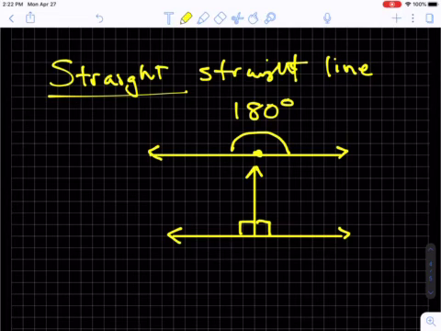So you've got this and you've got that, and you add them up, 90 plus 90 equals 180. So that's what a straight angle is. If you think of a straight line, technically it's not a line, but that's kind of what it makes, and it's 180 degrees in measure. So these are basic garden variety definitions of how you can identify what kind of an angle something is.